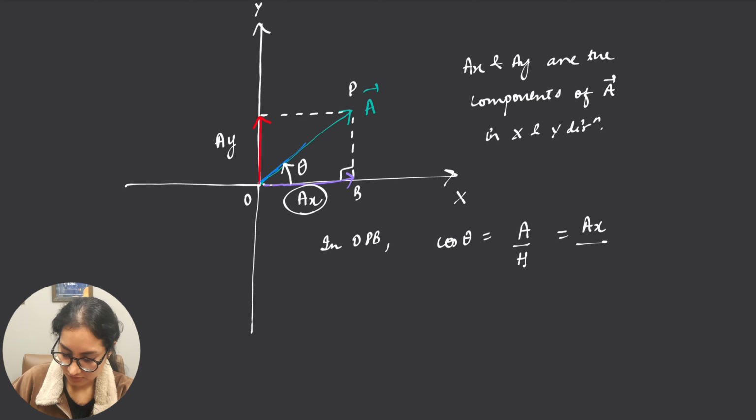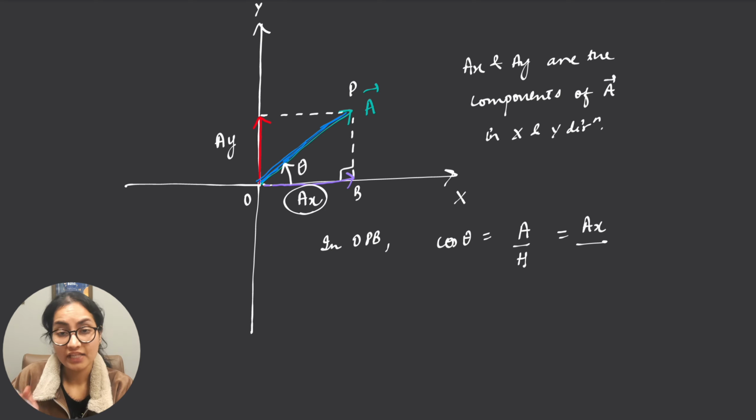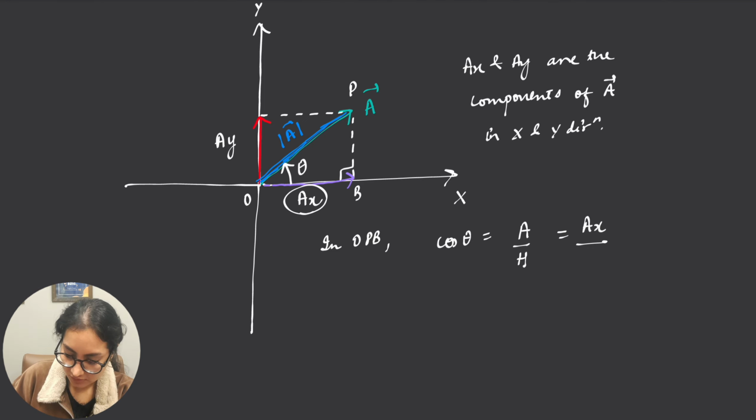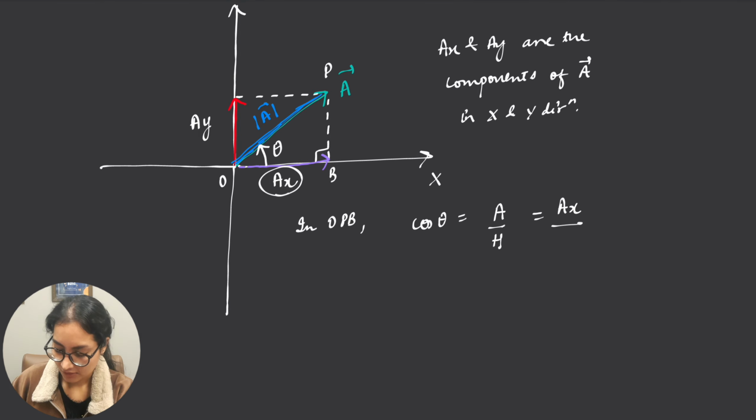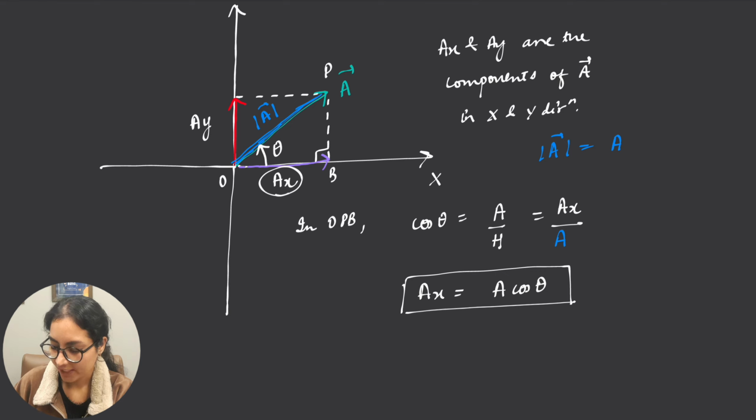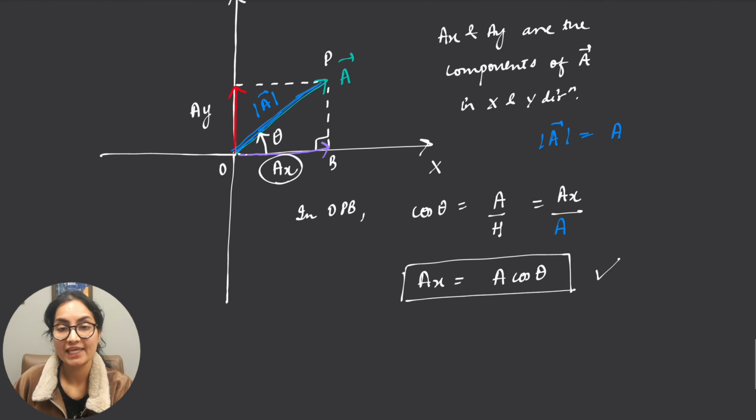So the length of that vector is its magnitude, and I'm going to write this magnitude as just A. So if I find Ax from here, that would be A cosine theta. So I have found one component of A along x, which is Ax, which is A cosine theta.